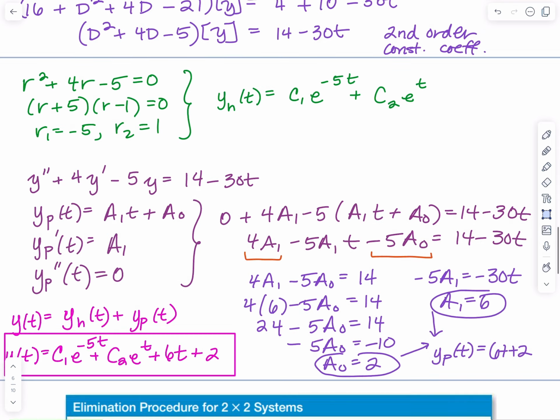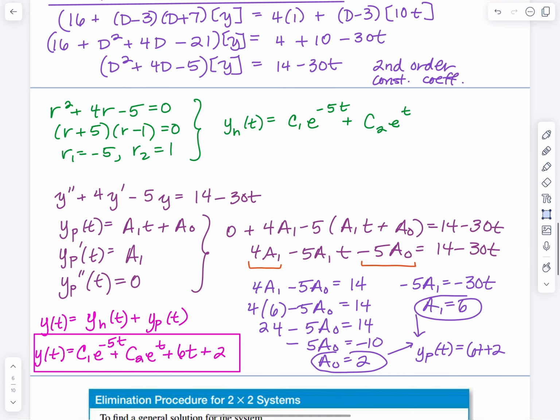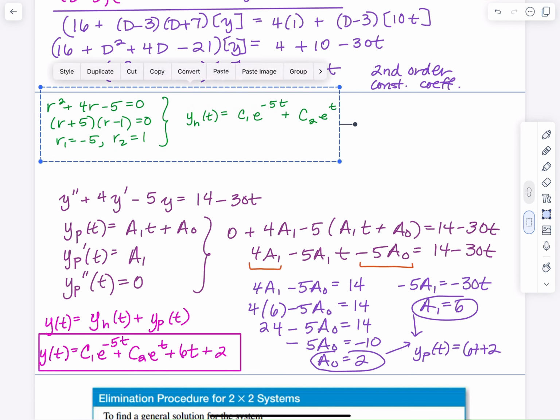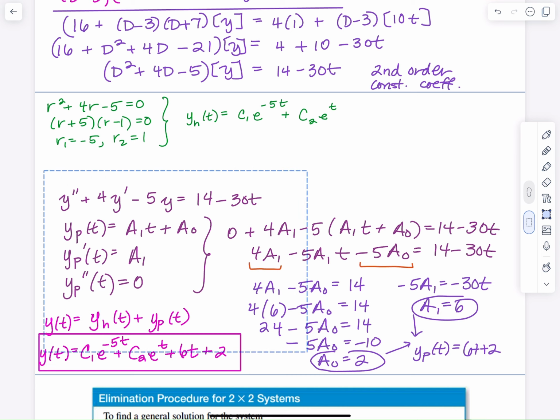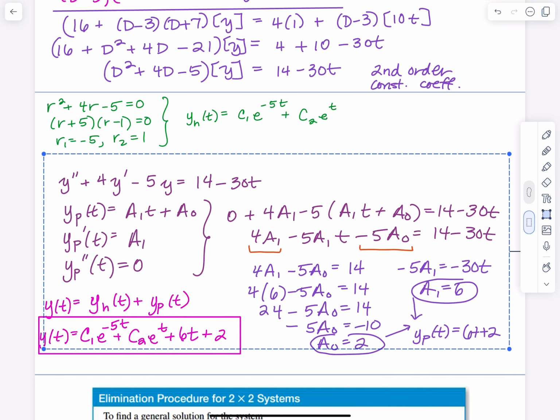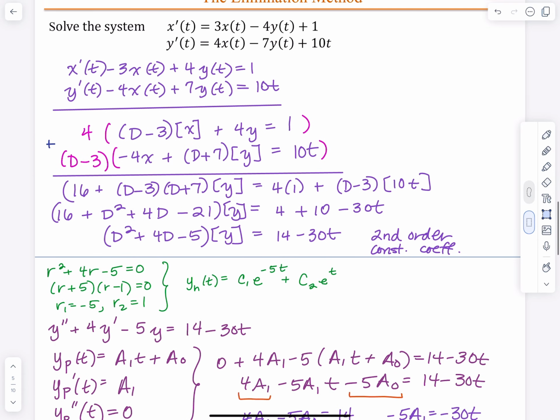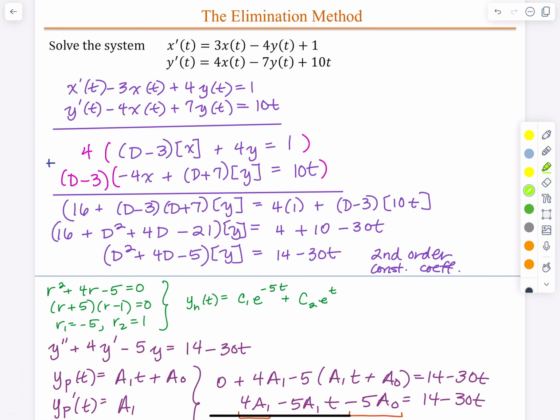Now the question comes up, how are we going to solve for x of t? There's a couple ways that we can do this, but I think the easiest way is to take a look at our original equations here, and we can go ahead and solve this first equation for x of t.